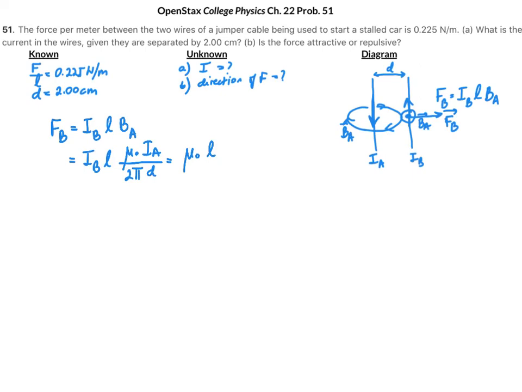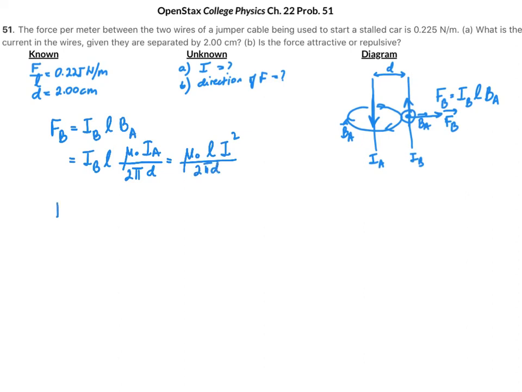We have a circuit where the current just circulates around the wires. So IA equals IB. I will just call it I and square it, divided by 2 pi D.